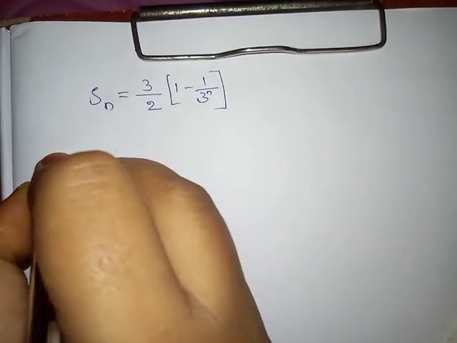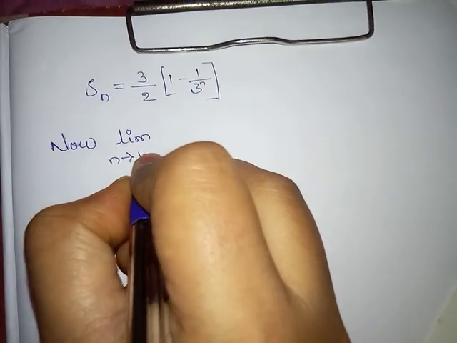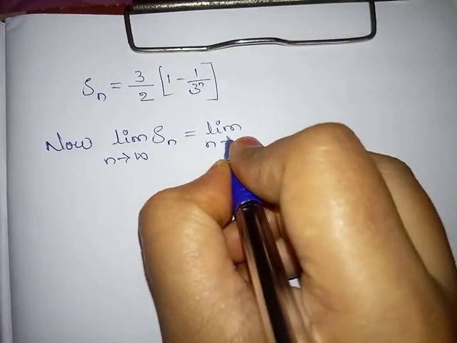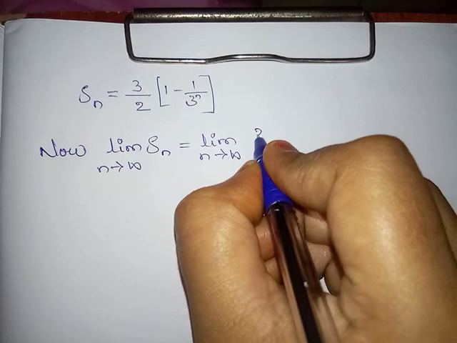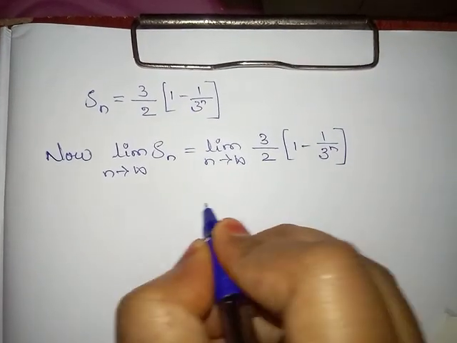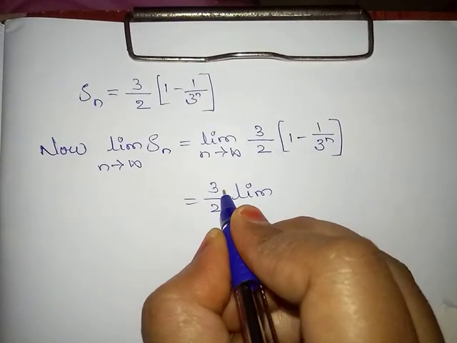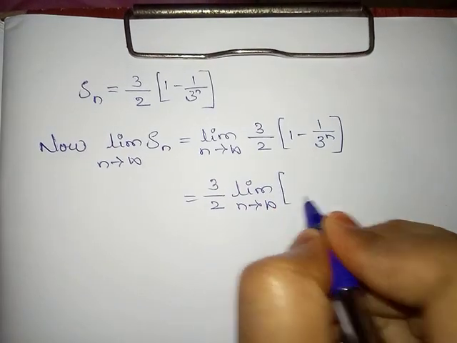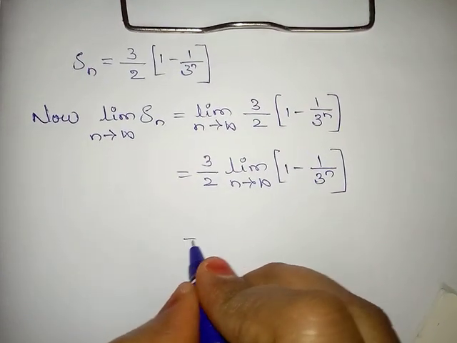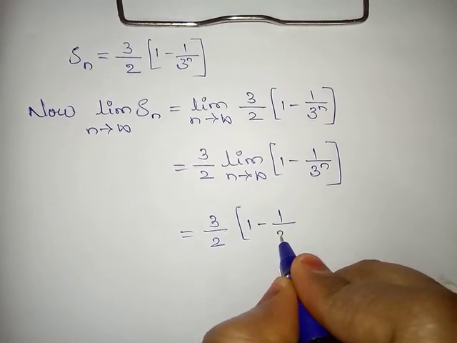Now applying limit n tends to infinity, Sn is equal to limit n tends to infinity 3 by 2, 1 minus 1 divided by 3 raised to n, which is equal to 3 by 2 is a constant, take outside the limit, it will be 3 by 2 limit n tends to infinity 1 minus 1 divided by 3 raised to n, which is equal to 3 divided by 2, 1 minus 1 divided by 3 raised to infinity.